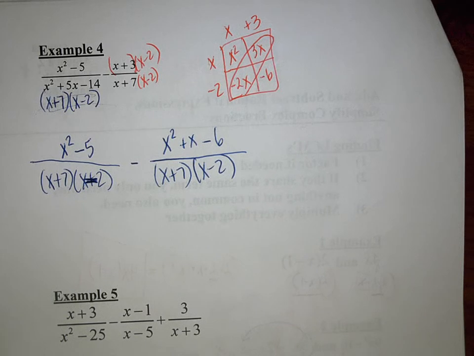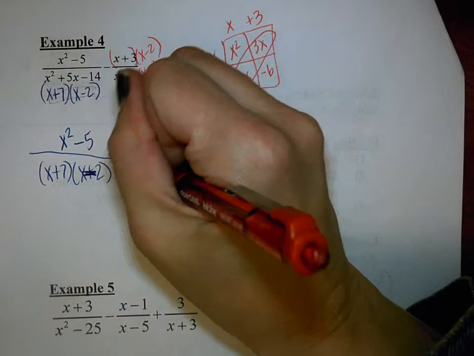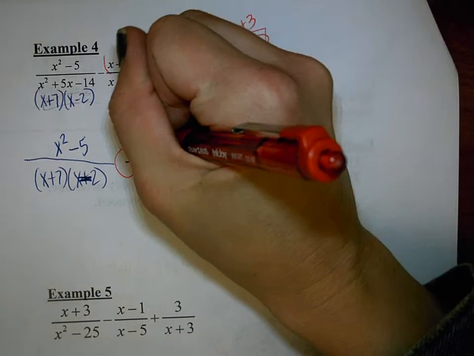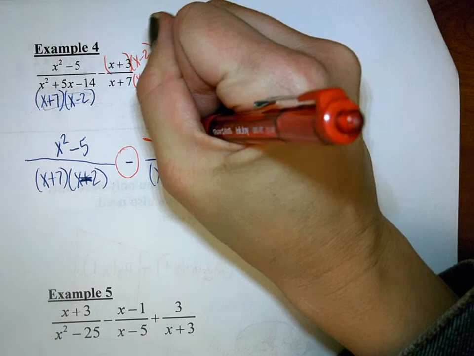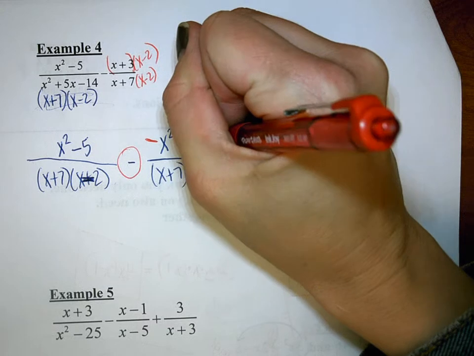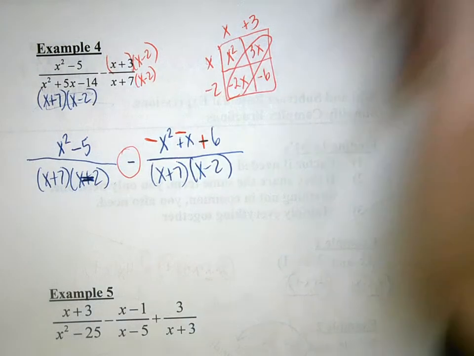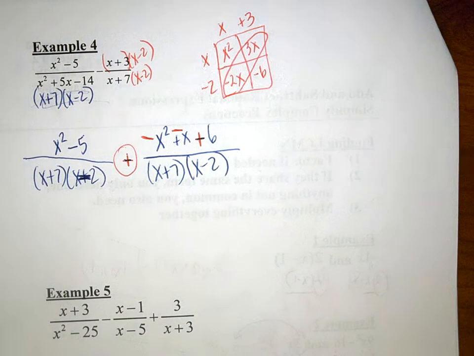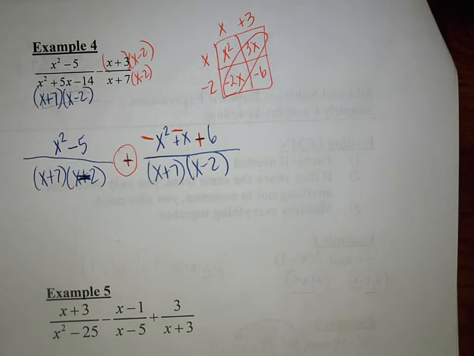What do I need to do now? I heard somebody say it. Good. Distribute that negative to the top of that second fraction. So we get a negative, and a positive. Once you distribute that negative, you change this now to a plus, and we can now combine our like terms.